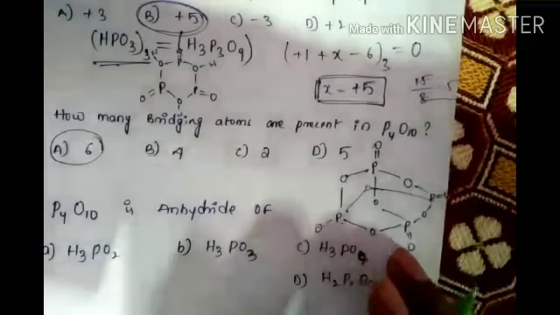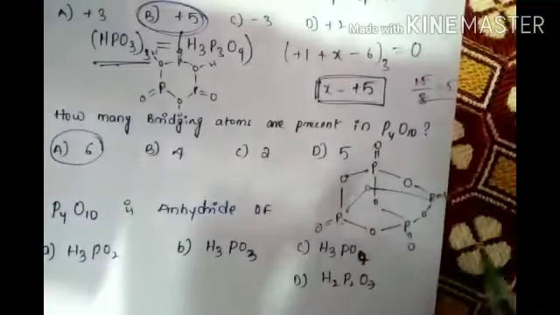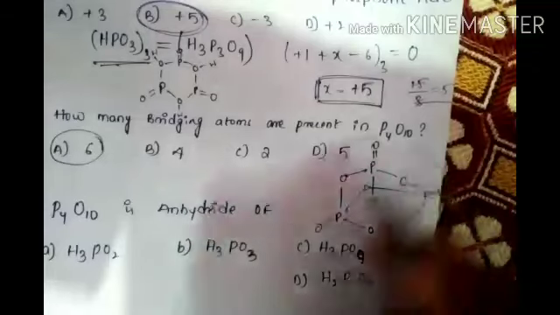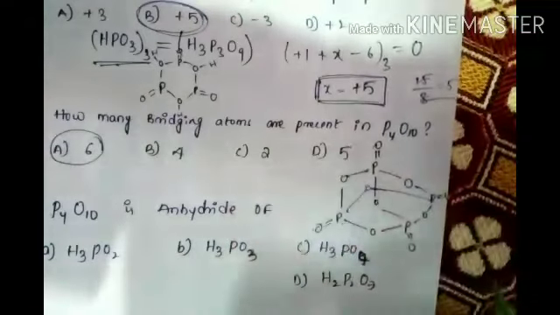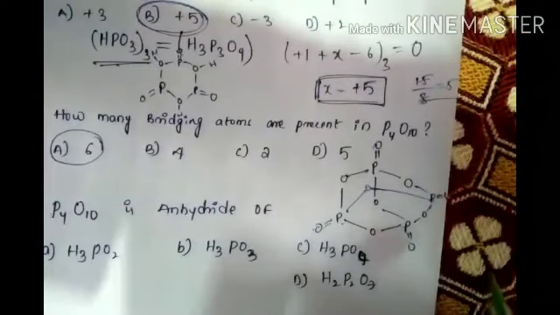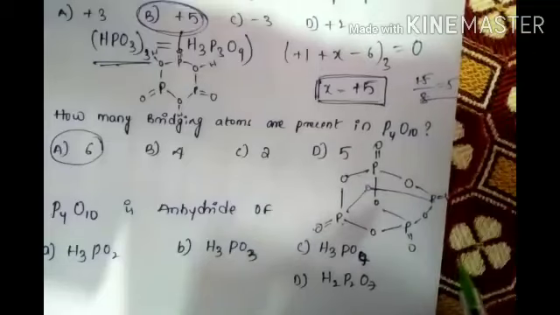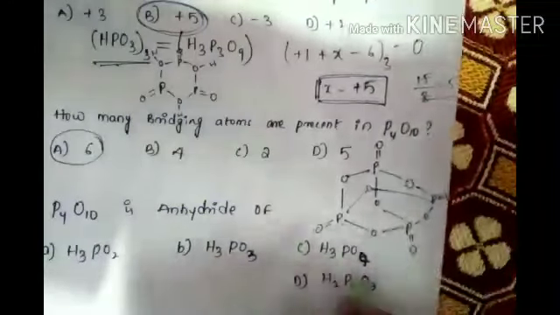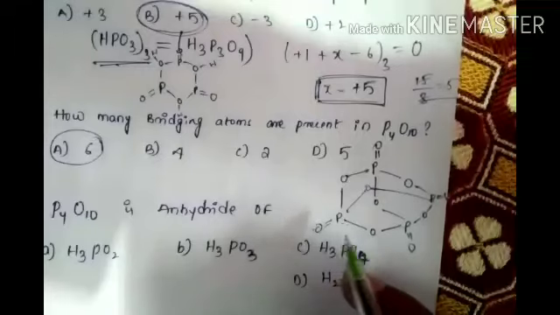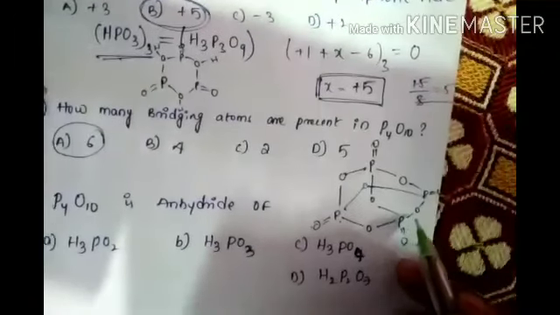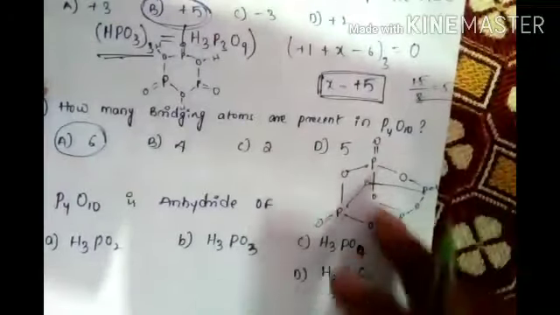Count it once. 1, 2, 3, 4, then 6, 7, 8, 9, 10. P4O10, total 10 oxygens. 6 oxygens are only bridging, not bonding. The corner oxygens are not participating anywhere, not participating in bridging.